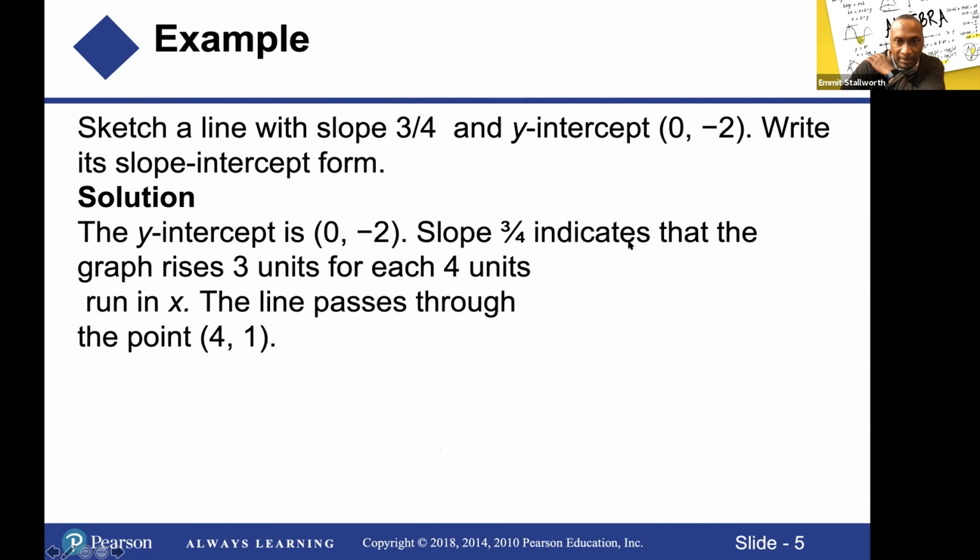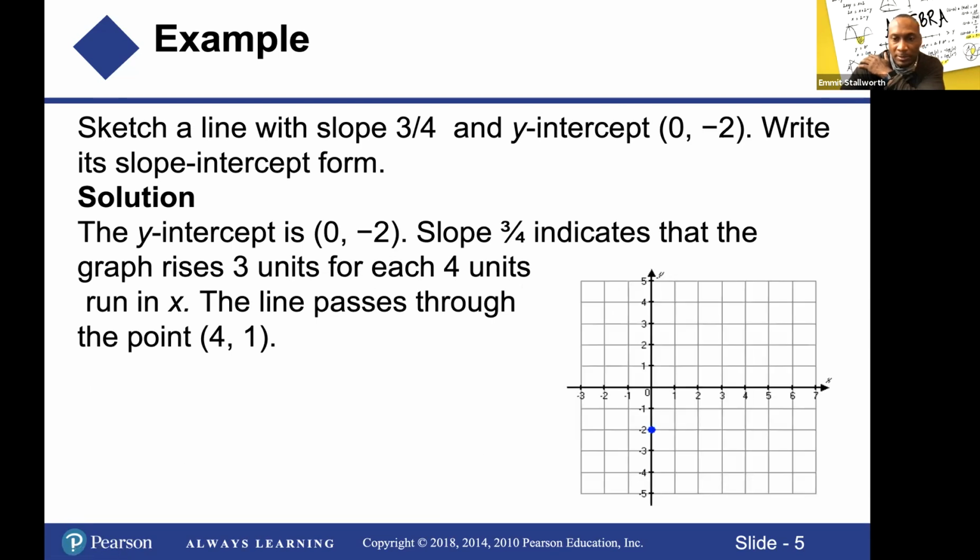And I think there is an indication that the graph rises 3 units for each 4 units. I think they're making that a little wordier than it is, but you can see it right here. If we get a visual interpretation of it, right here, we're at (0, -2). And then we can rise up 3 units and then run 4 units.